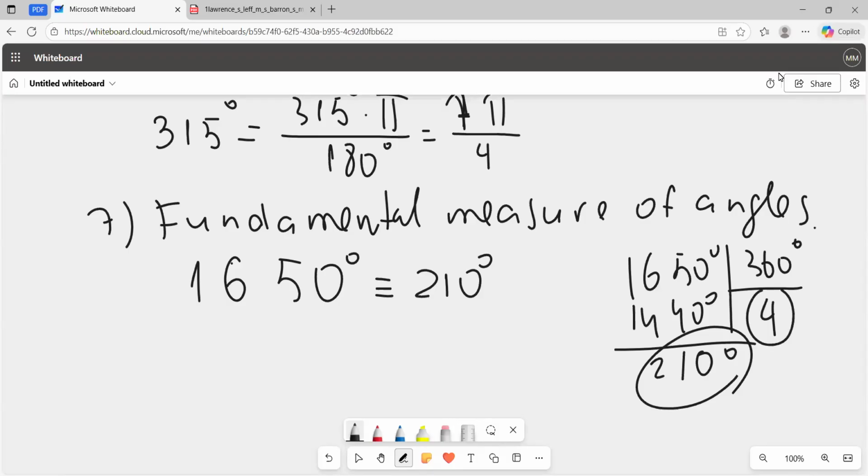It means that we have four complete angles, and then we go 210 degrees more.